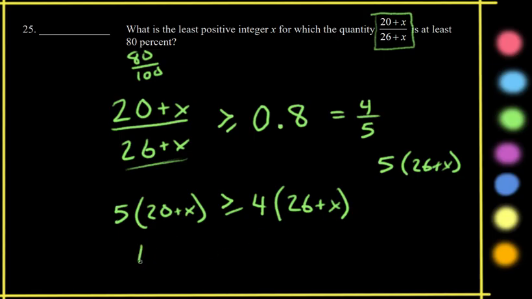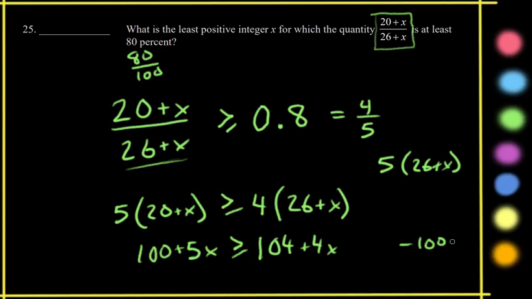So now I've got 100 plus 5x is greater than or equal to, let's see, 26 times 4, that'll be 104, right? Because 25 times 4 would be 100, so this should be 104 plus 4x. And now I'm going to subtract 100, and at the same time I'm going to subtract 4x from both sides. That should make things nice and simple.